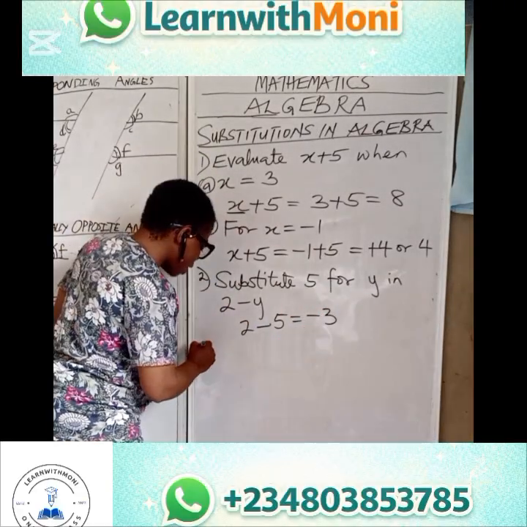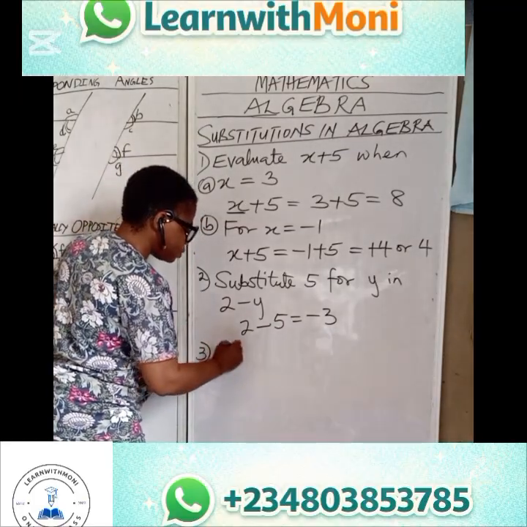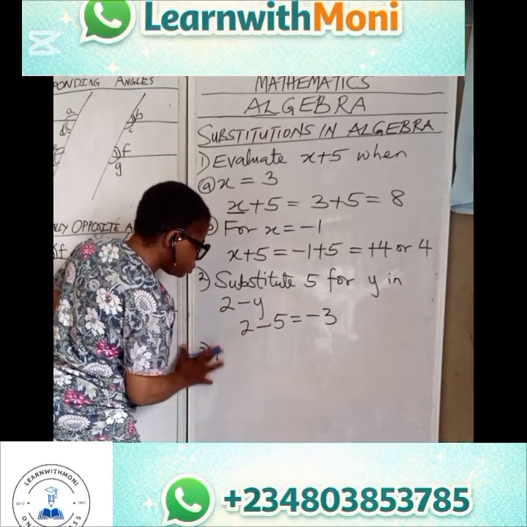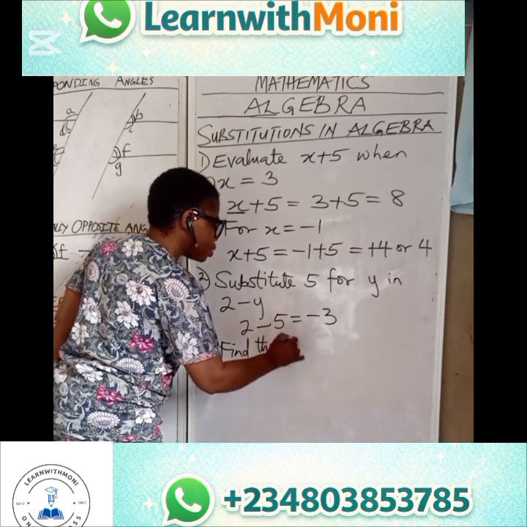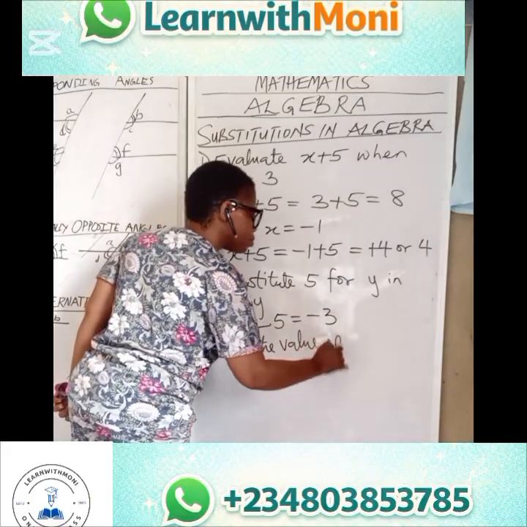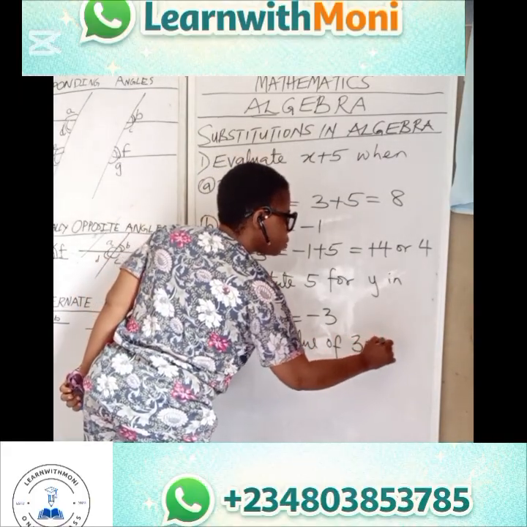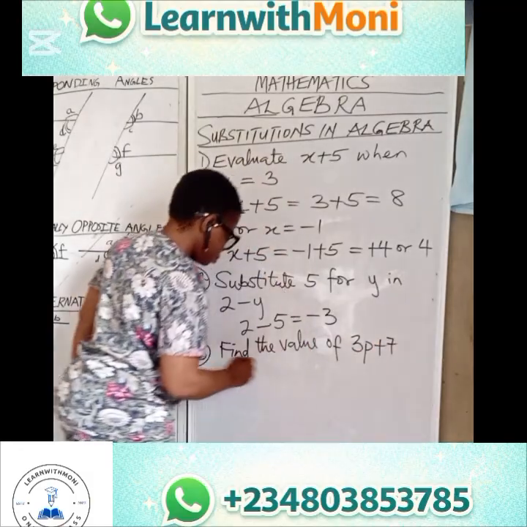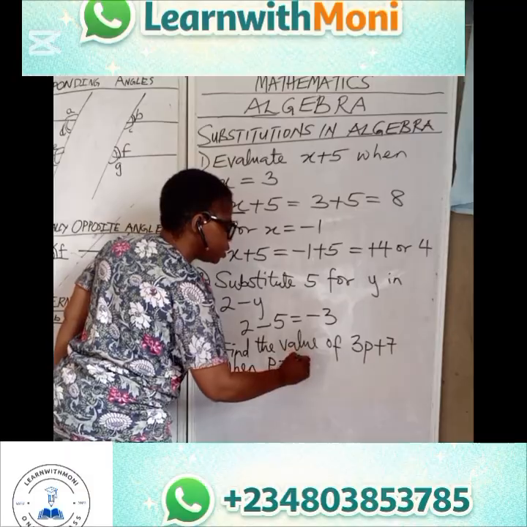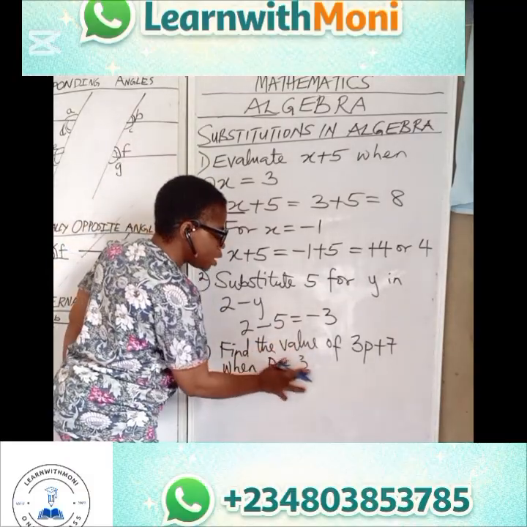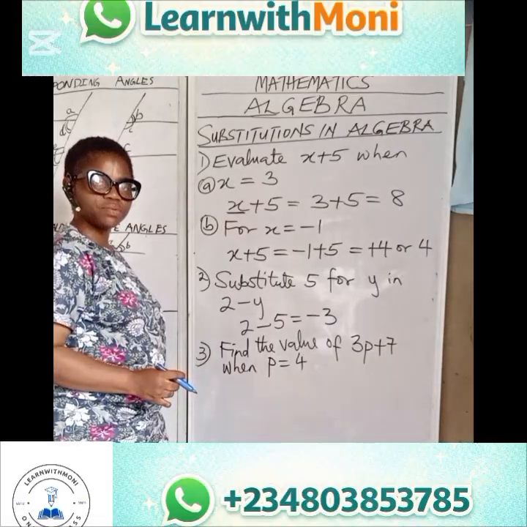Let's see a case where the coefficient is not 1. Find the value of 3p plus 7 when p is equals to 4, so that it can be different from the coefficients.